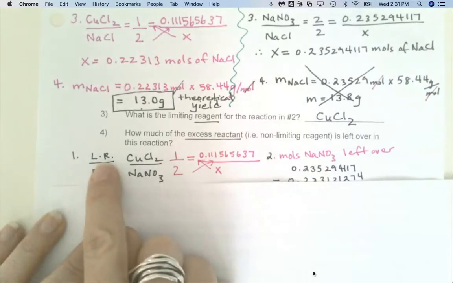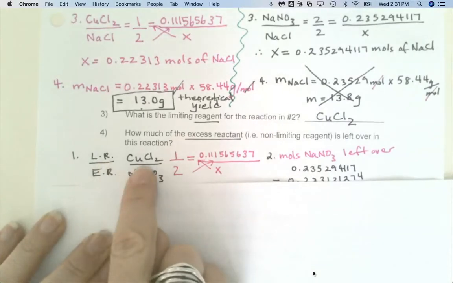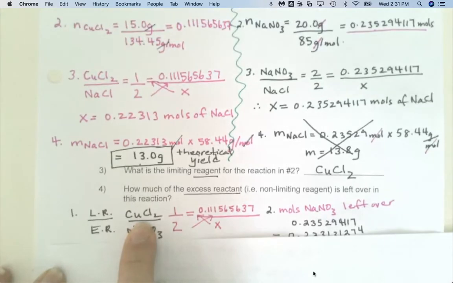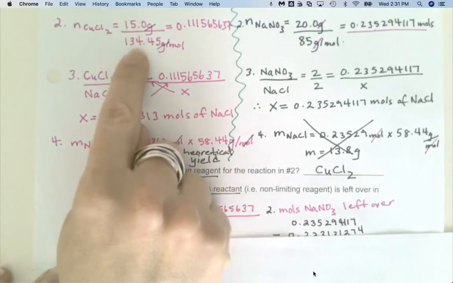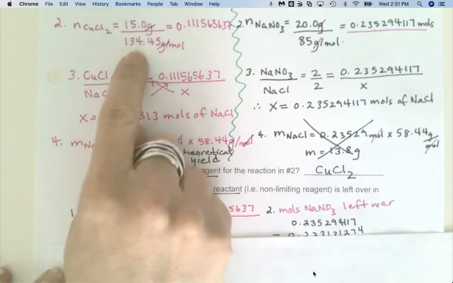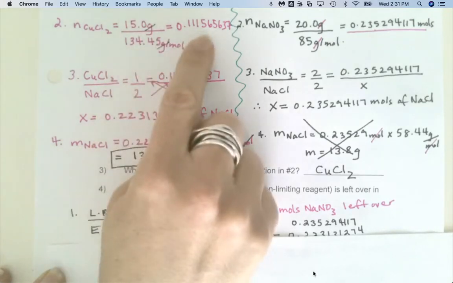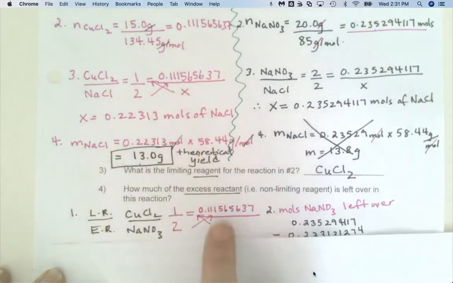We know that all of the limiting reactant gets used up. So how much of that did I have to begin with? Remember up here, we took 15 grams divided by the molar mass of copper 2 chloride, and that told us how many moles we had. We know that this is the limiting reactant, so all of it gets used up.